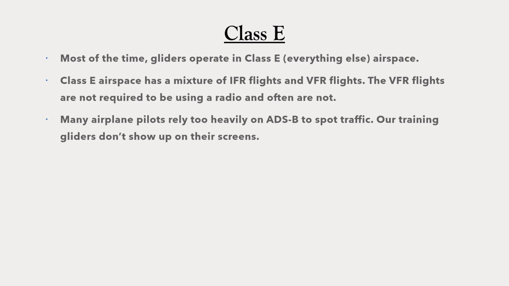It's very useful. The problem is a lot of our training gliders and a lot of other gliders don't have the ADS-B out equipment. That means that we don't show up on their screens, and the fact that most of the traffic will show up on their screens has made a lot of pilots get a little too reliant on looking at their moving map to find traffic and not being as diligent as they should be looking out the window.